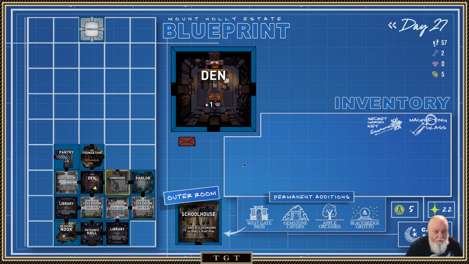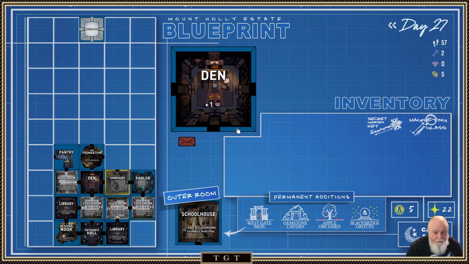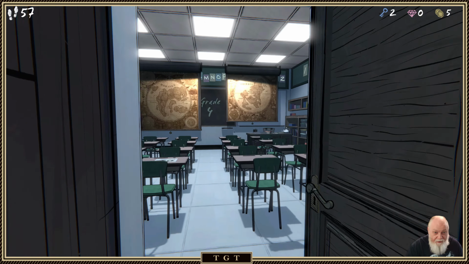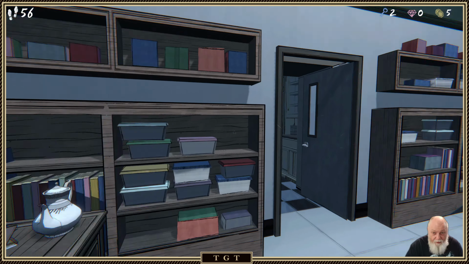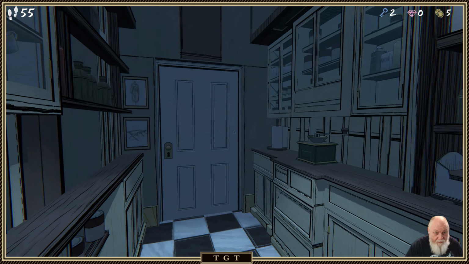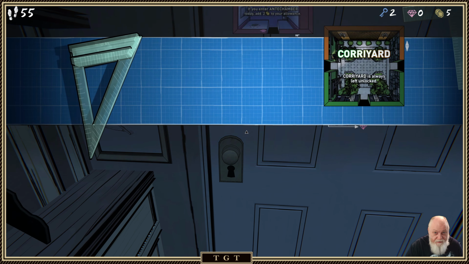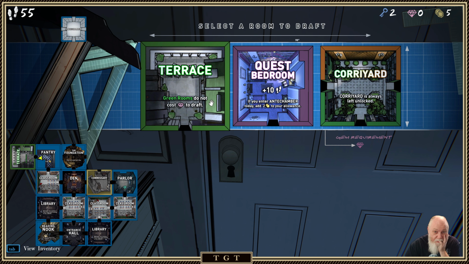Because now the problem I'm going to run into is I could draft a room requiring a gem and I won't be able to do it. But it is what it is. Yep.